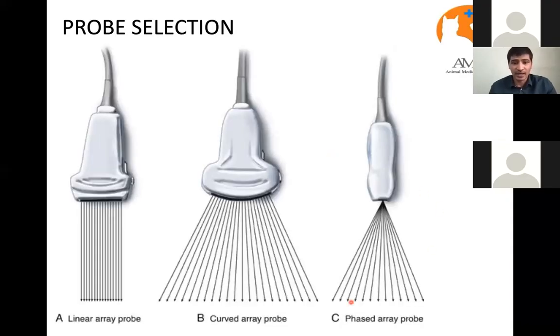So now we discuss probe selection. There are 3 types of probe. One is the linear probe, one is the curvilinear probe, and one is the phased array, we call it. These are basically used for different purposes.